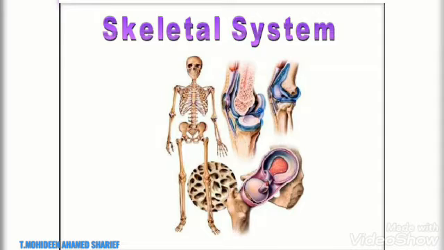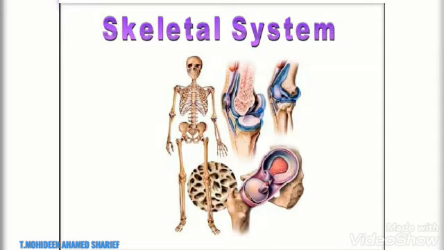There are three types of skeletal systems. One is hydrostatic skeleton, which is found in soft-bodied invertebrates. It is a fluid-filled cavity encircled by muscles. Example, earthworm. Next one is exoskeleton, which is found in invertebrates.